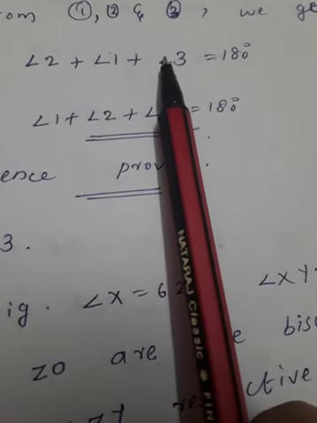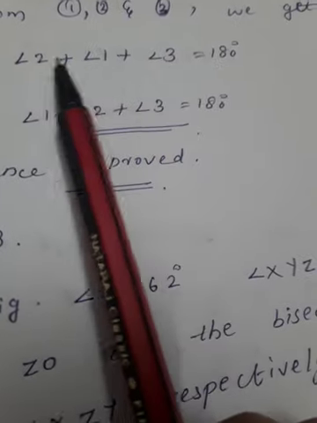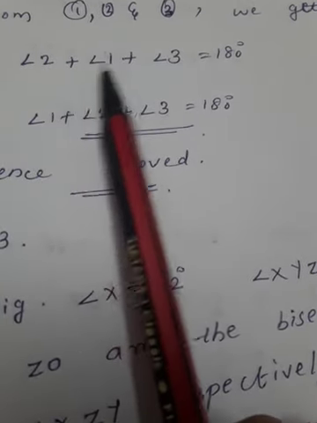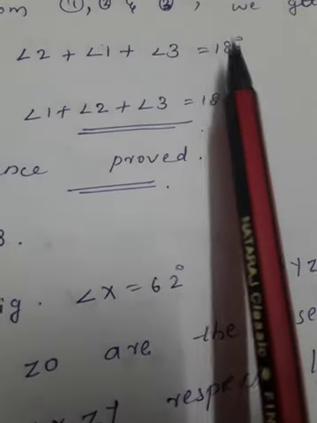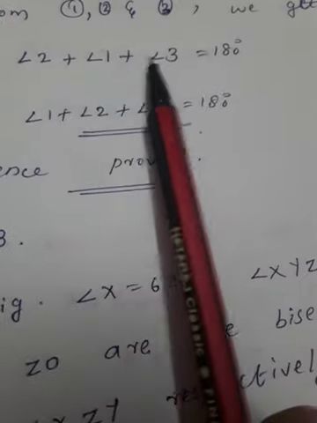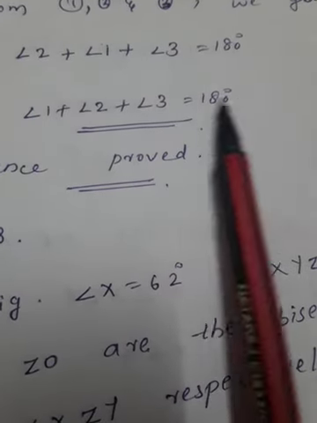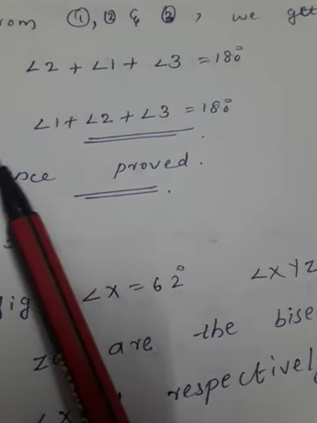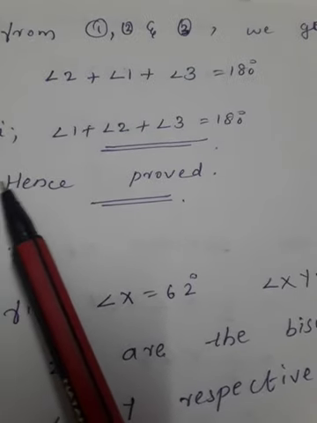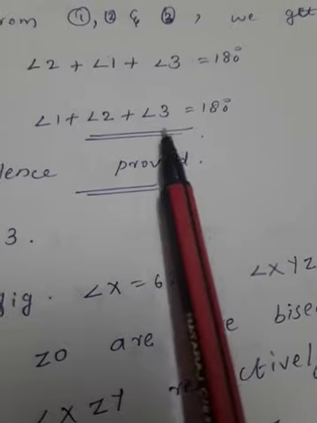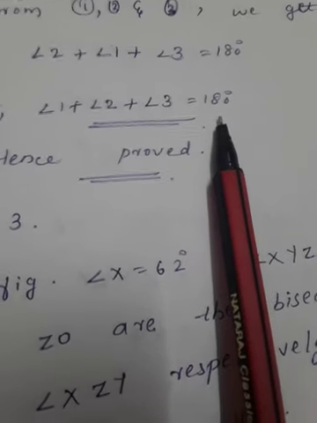Similarly angle 5 we can change to angle 3. So that equation changes to angle 2 plus angle 1 plus angle 3 equals 180 degrees. We can just arrange them and write angle 1 plus angle 2 plus angle 3 equals 180 degrees. That we need to prove in the question. So hence proved, the sum of the three angles of a triangle is 180 degrees.